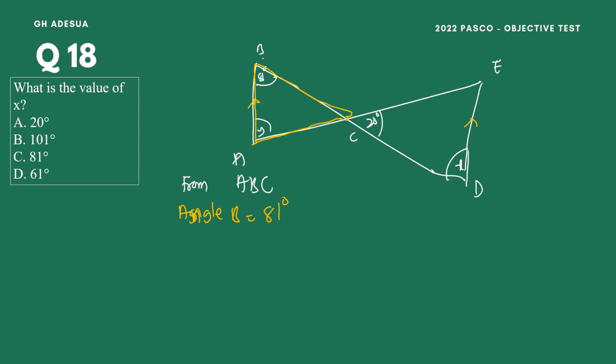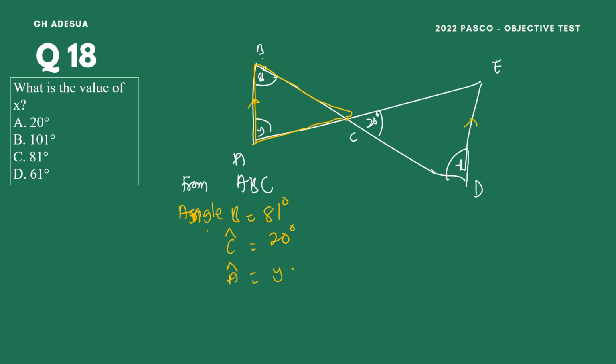That's line AB and then DE are parallel to each other. Angle C is 20 degrees. Now, since we know this, for ABC, angle C is 20, angle B is 81, and the other angle is Y, that is angle BAC. So angle A is Y.